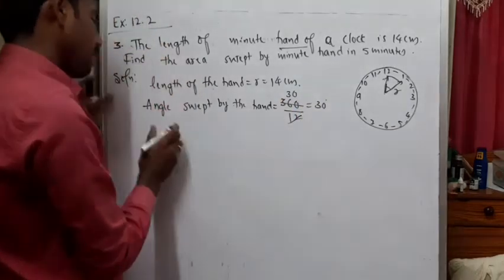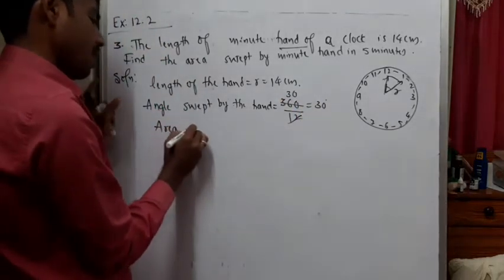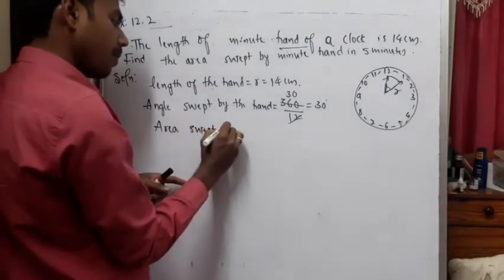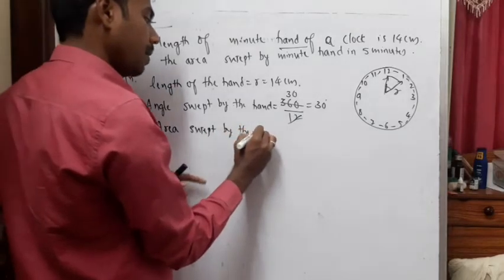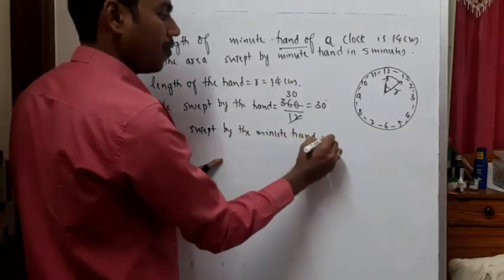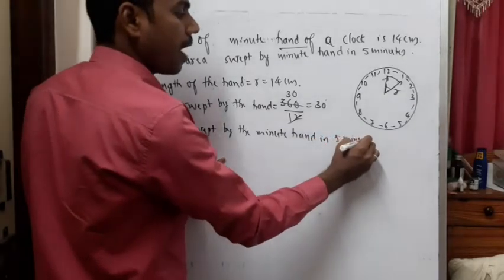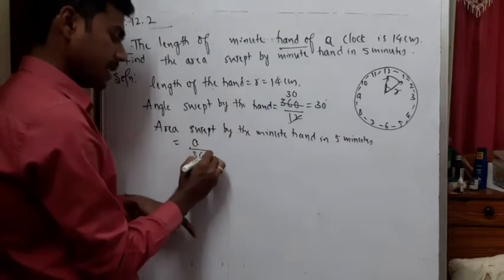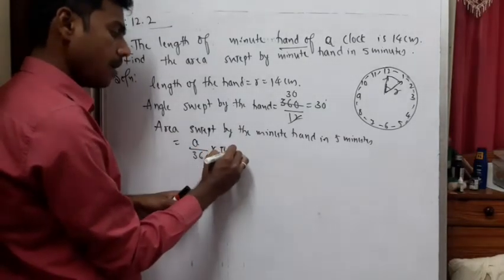Okay, now the area swept by the minute hand in 5 minutes is equal to theta divided by 360 into pi r square.